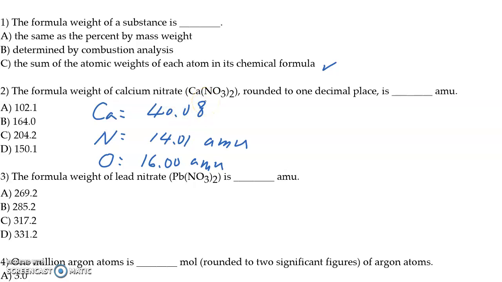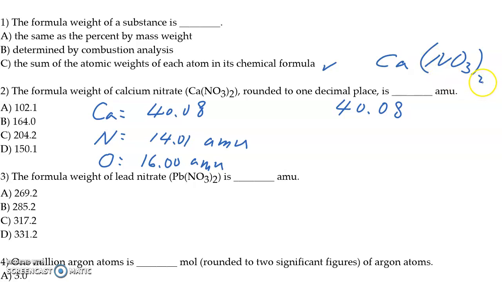Now, how many calcium atoms are there in this molecule? So this one is Ca(NO3)2, like this. And therefore, there is only one calcium atom. So I have 40.08. How many nitrogen atoms?